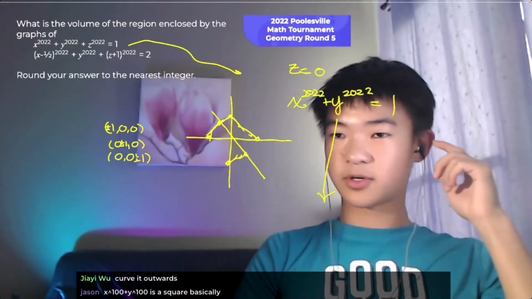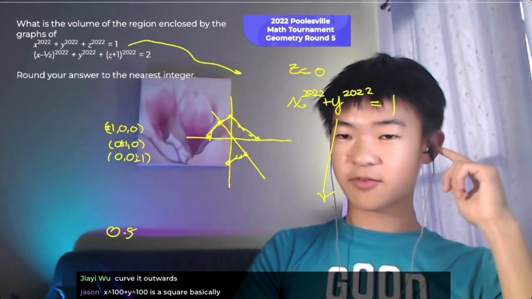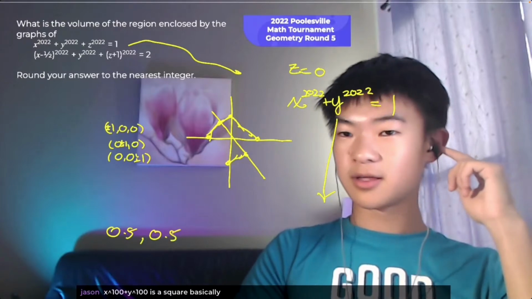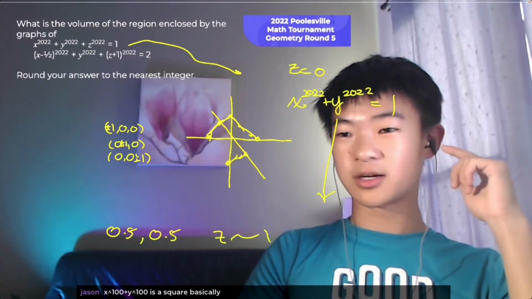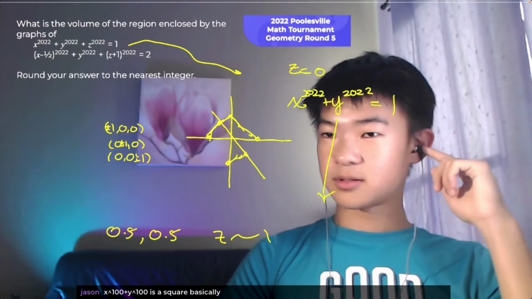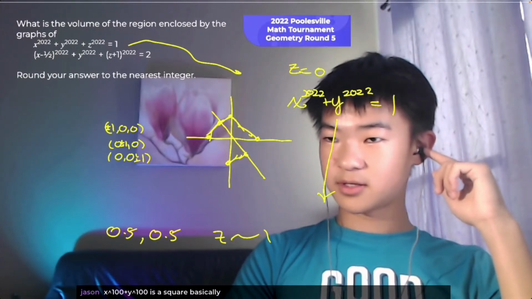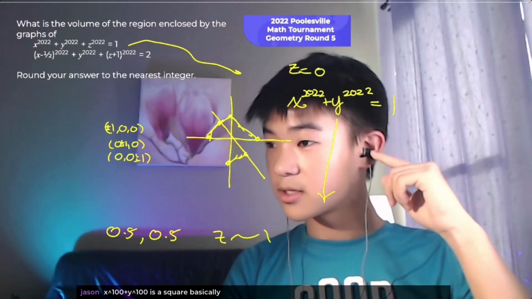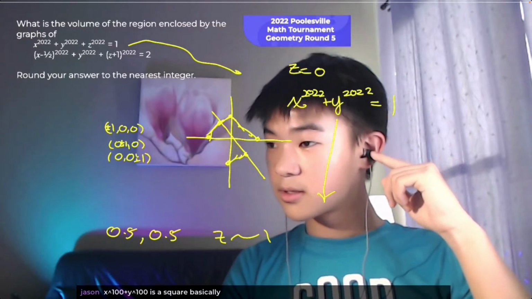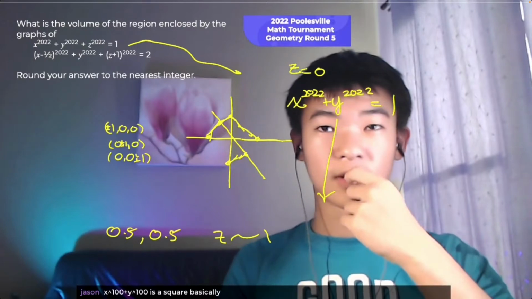Yeah, that brings up a good point, because if we put 0.5 for x and 0.5 for y, then z would be very close to 1. 0.5, 0.5, z would be extremely close to 1. No, it would be 0.